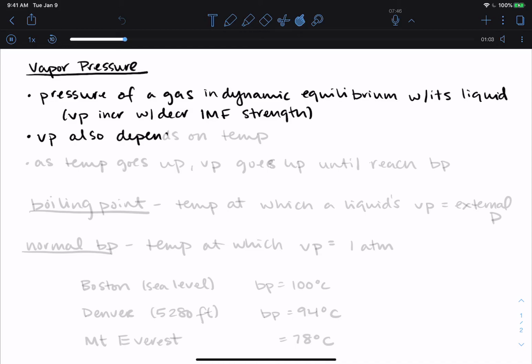At higher temperature, you have more molecules that can escape the surface, and you end up with a higher vapor pressure. And as the temperature goes up, the vapor pressure will go up. Until you reach the boiling point.